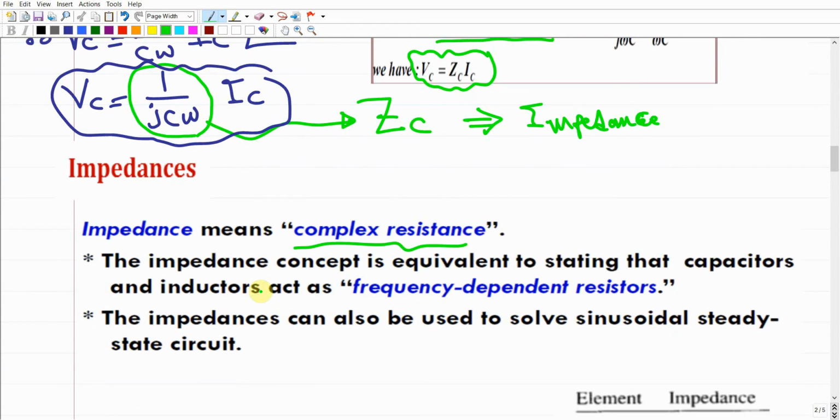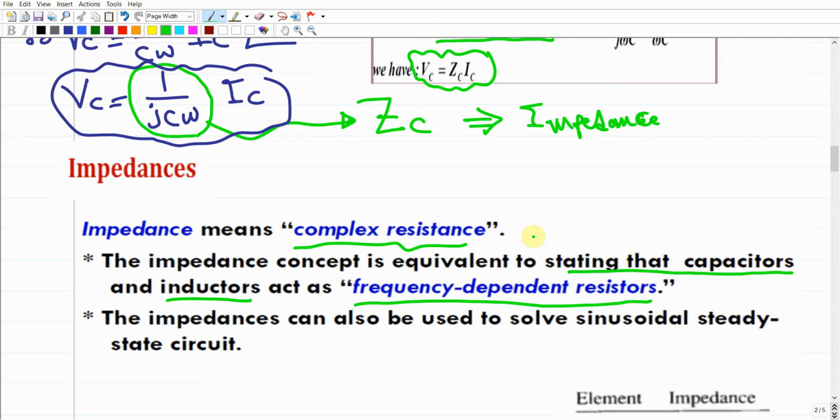The impedance concept is equivalent to stating that the capacitors and the inductors act like frequency-based resistors. So they are resistors, yes, but their performance depends on the frequency of the voltage or the current through the electrical circuit. So what does it mean?